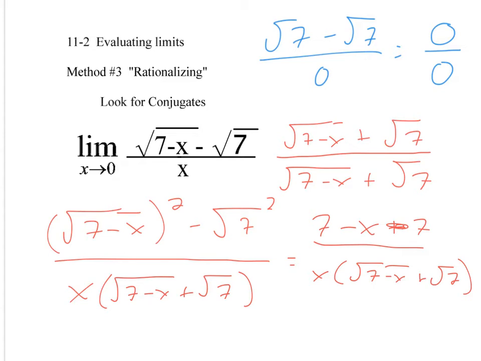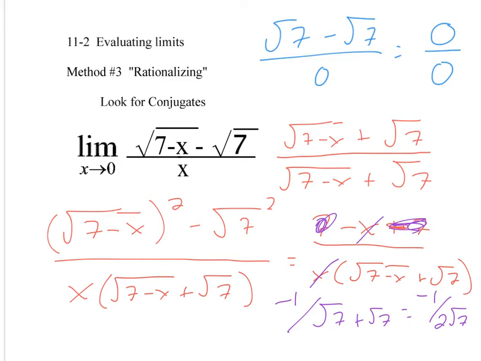So the 7's go away. I'm left with negative x. I can cancel these x's. So I'm left with negative 1 over root 7 minus x plus root 7. Well, when x goes to 0, I'm going to get root 7 plus root 7. So my final answer is going to be negative 1 over 2 root 7, which we know we can rationalize.